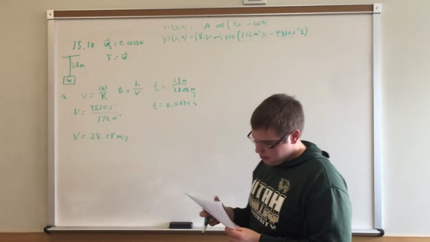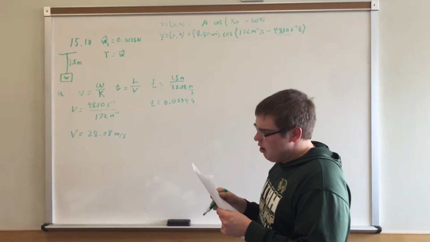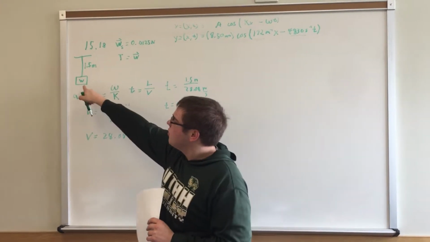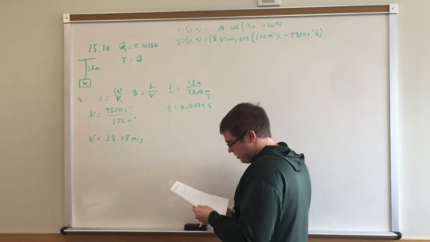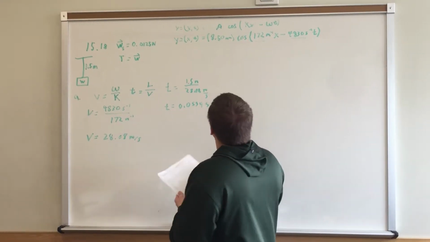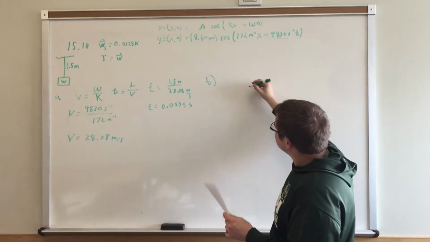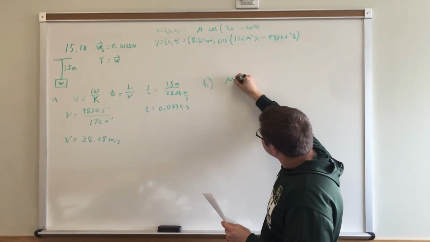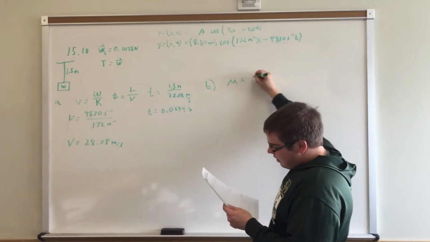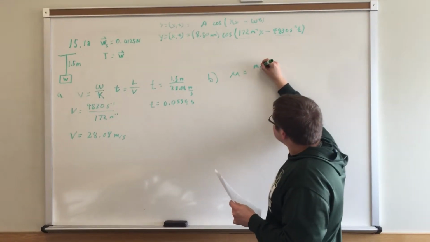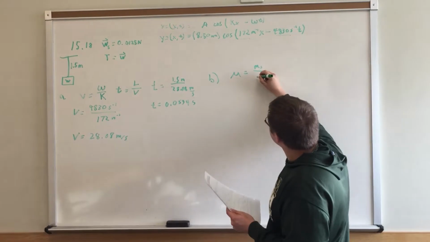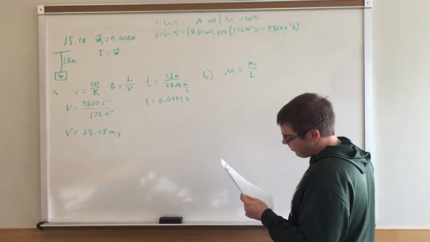And so in part B of the problem, we're trying to find this right here, the weight W. To do this, we're going to start with this relationship: our mass per unit length equals the mass of the string over the length of the wire.